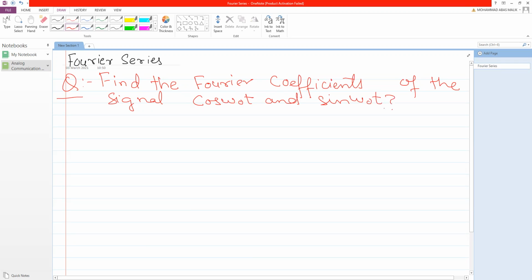You have to find the Fourier coefficients of the signal cos omega naught t and sin omega naught t. For finding the Fourier coefficients, that means you have to just find Cn. Cn you have to find for cos omega naught t and sin omega naught t.